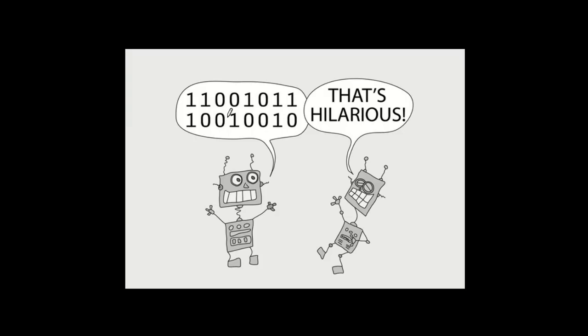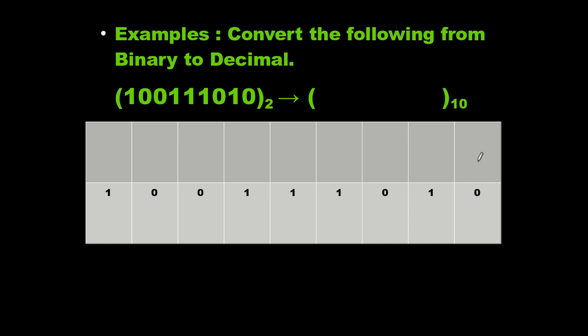And here's how it goes. I write them 0, 1. This is 1, 2, 4, 8, 16, 32, 64, 128, 256.